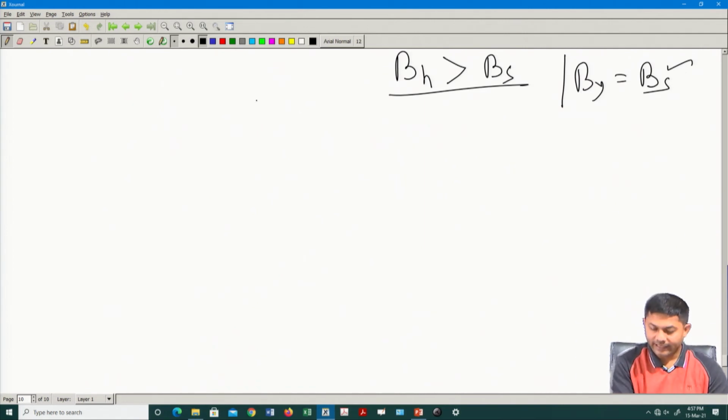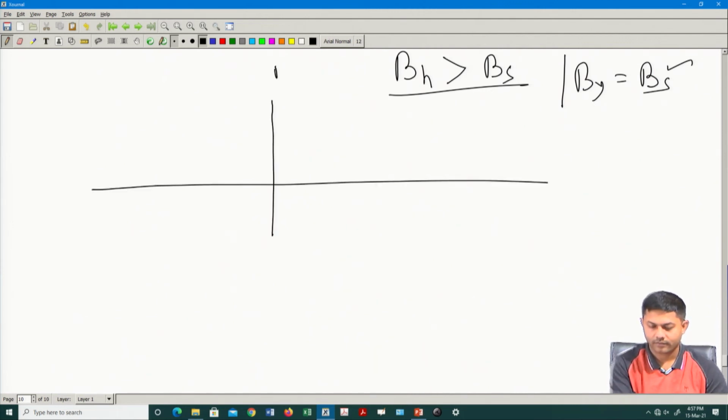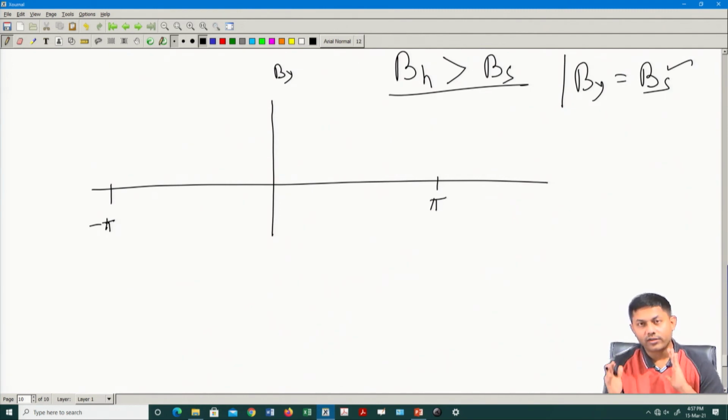So, can I say, if I plot, say for example, let us say this is my pi to minus pi. I have adjusted my sampling in such a way that within pi to minus pi, I fully can see my Bs.